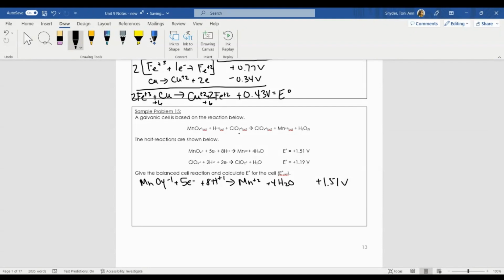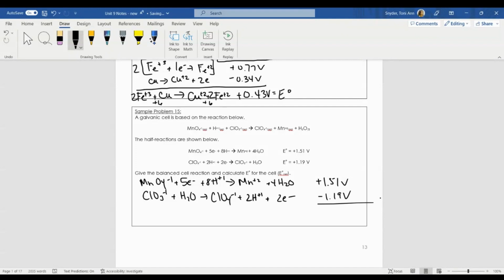So I do have ClO3 on the reactant side, and here it's on the product side. So I'm going to flip this reaction around. ClO3 minus 1 plus a water molecule yields ClO4 minus 1, 2 protons, and 2 electrons. Remember, just got to change the sign for the voltage.